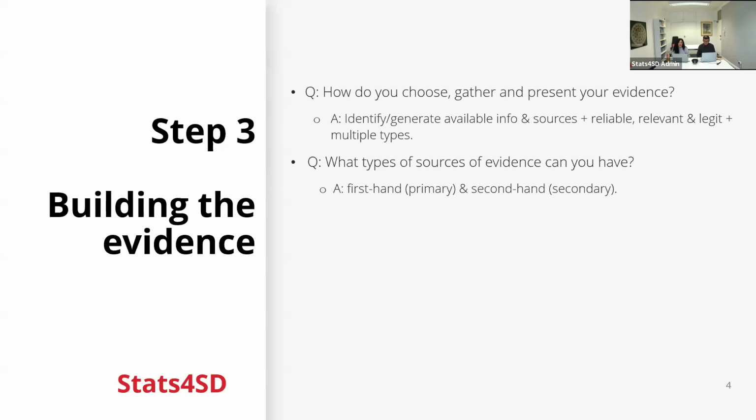Or you can go back to some data and reports that you may have already generated, or you may go to the literature that has already been published on that particular topic, and then you can combine a mix of the two. And I suppose we emphasize this so that you don't feel that everything has to come from you collecting that information.